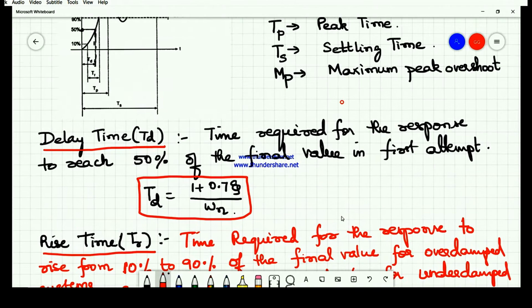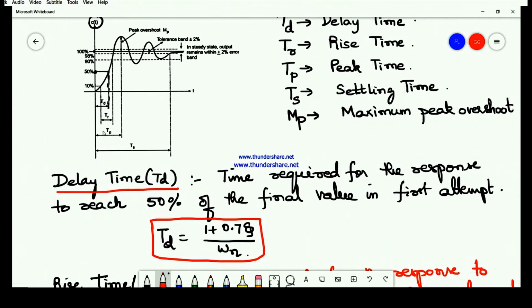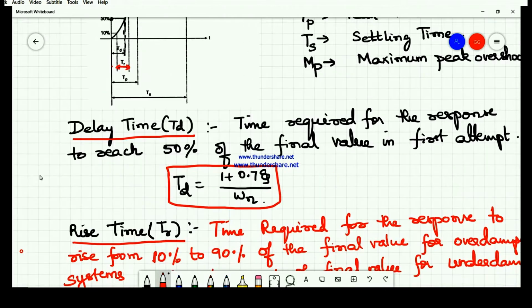If you see the curve, the mark of TR is for 10% to 90%. It has been shown for the over damped condition, but for an under damped system it starts from 0 and ends at 100%. That is what we can see in the curve for TR.